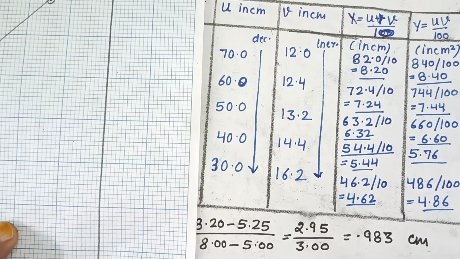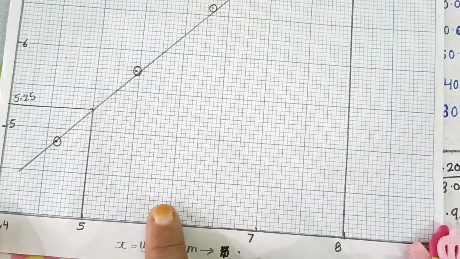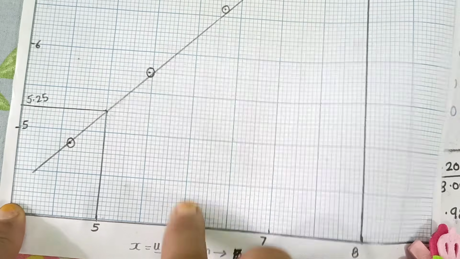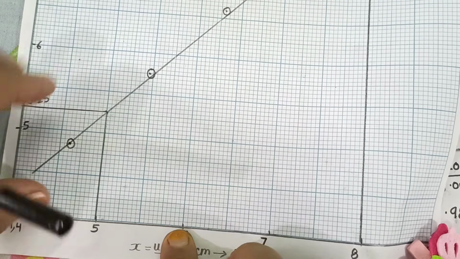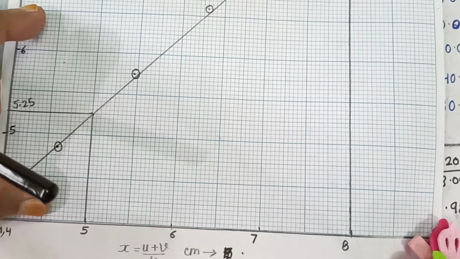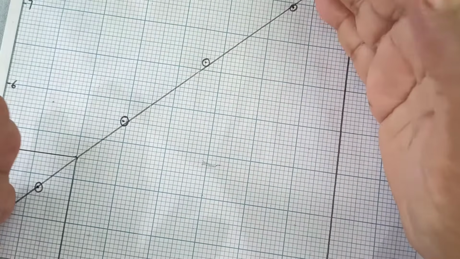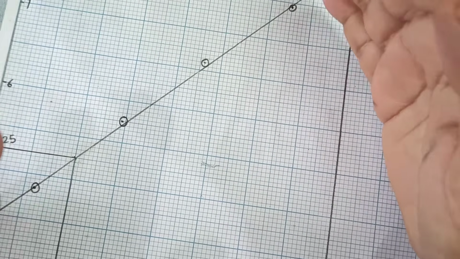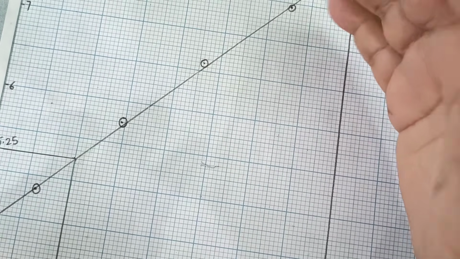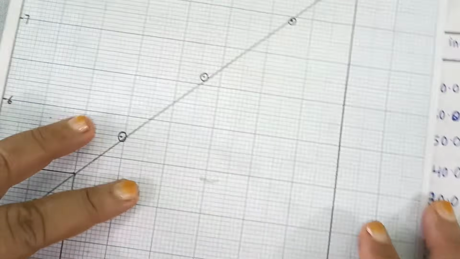So, if I take 0, 0 as my origin, then from 0 to 4, this much part of the graph will be completely empty. It will not be used. While the instruction of the board is that you have to use 60% of the graph paper. That means the scale taken should be as large as possible because it increases the sensitivity of the graph.